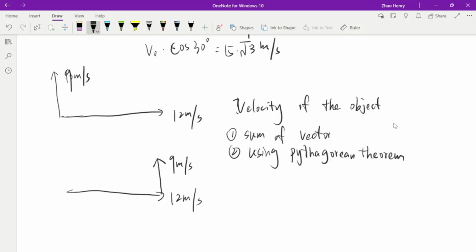So the sum of the vector is just like this, because it's moving this way first and then that way. This is the sum of the vector. This is perpendicular. So the velocity is just the square root of 9 squared plus 12 squared, which is equal to 15 meters per second.